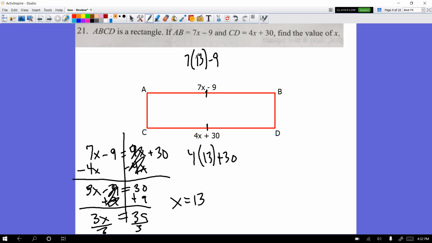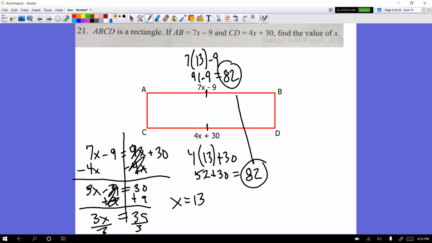So 91 minus 9. And then 4 times 10 is 40. 4 times 3 is 12. So 52 plus 30. So it should equal 82. And it does. 82. So you can see here that those are equal exactly as they should be. Your answer is x equals 13.